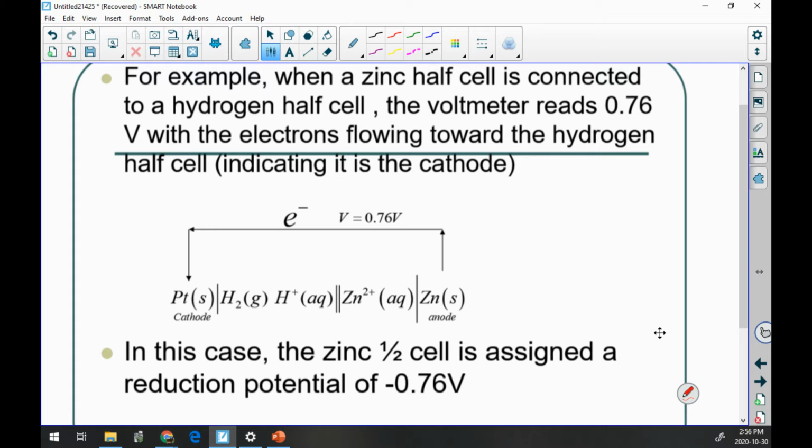So the 0.76 came off the voltmeter. The negative that is assigned to zinc comes from the fact that it is giving up electrons to the hydrogen half cell, so it has a lower attraction for electrons. So we're going to assign that negative 0.76.